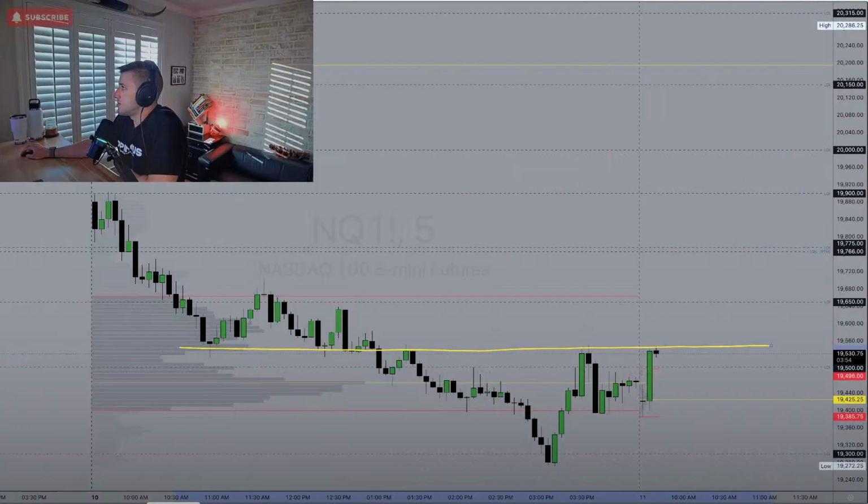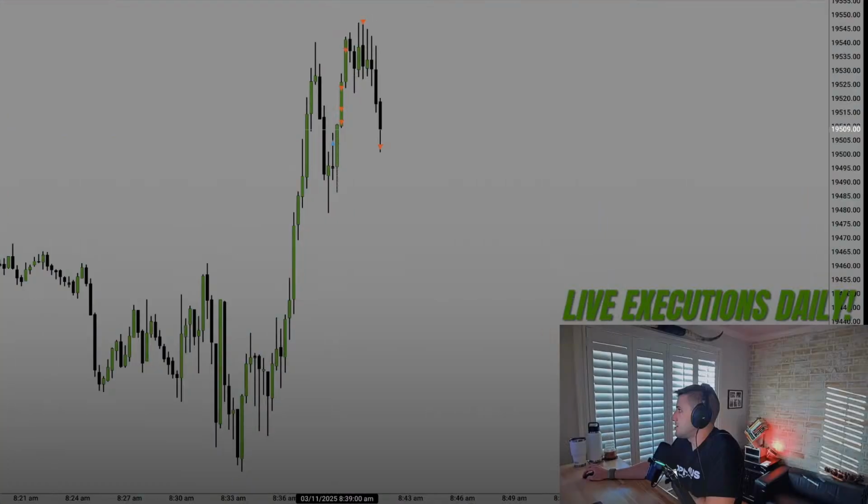No level 2, no order flow. No need for that, if you ask me. Let me take the trail right there. Take the trail with a little slippage, unfortunately.